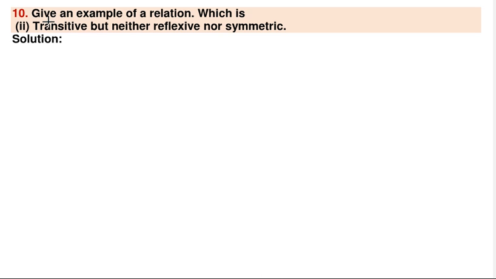Second subdivision: give an example of a relation which is transitive but neither reflexive nor symmetric. For the second one, we can have an example. Let the relation R with representative element (a,b) such that a is less than b, meaning not less than or equal to, just less than.